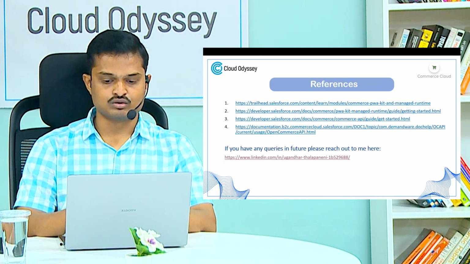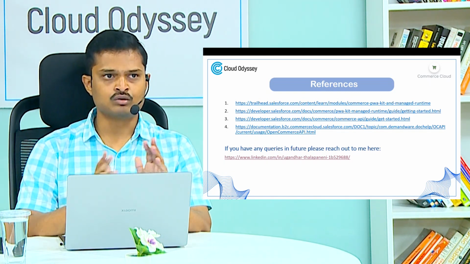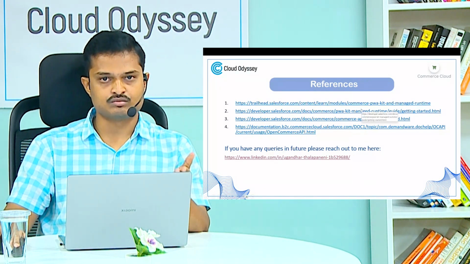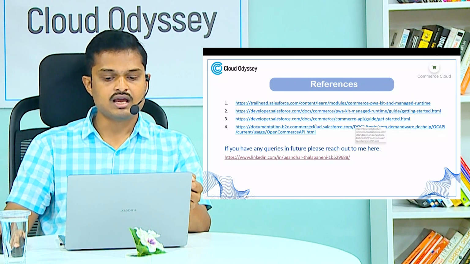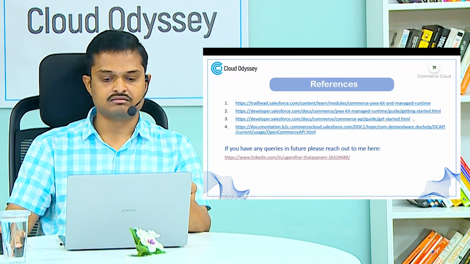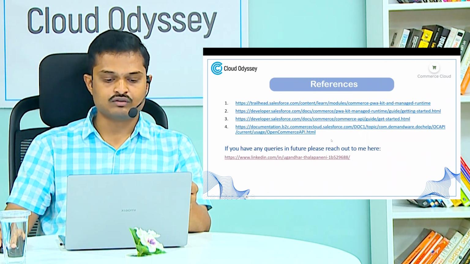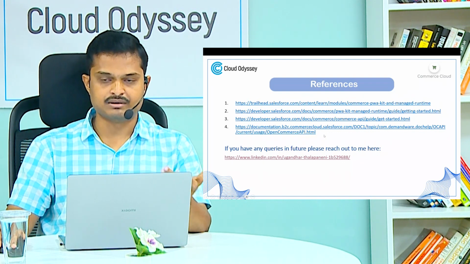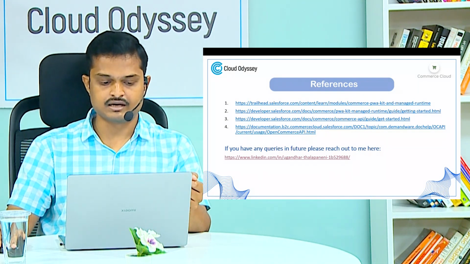The second one talks about how to set up the PWA Kit, including the commands that we have used. The third talks about the SCAPI, the headless approach, and the fourth is the OCAPI reference, the Open Commerce API.